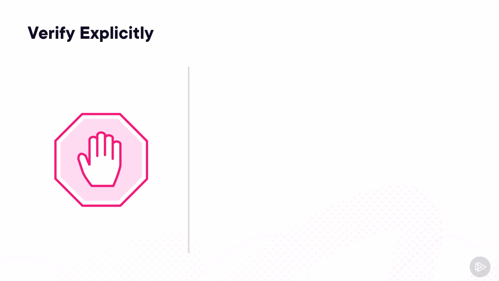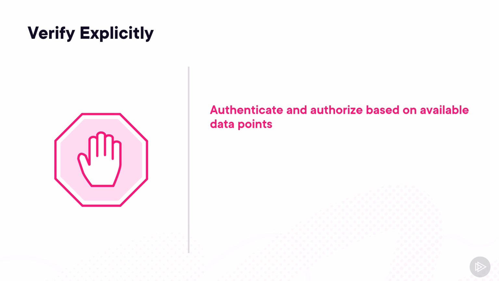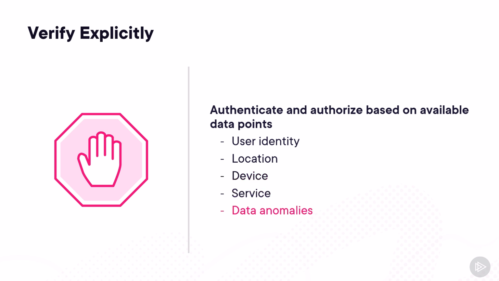The first guiding principle is verify explicitly, which advises you to always authenticate and authorize based on all the available data points, including user identity, location, device, service or workload accessed, data classification, and data anomalies.